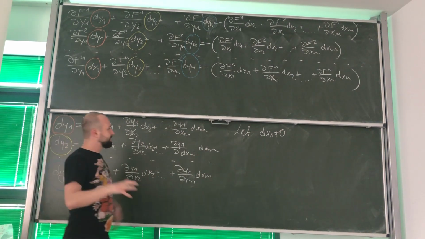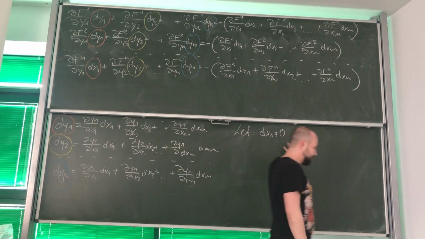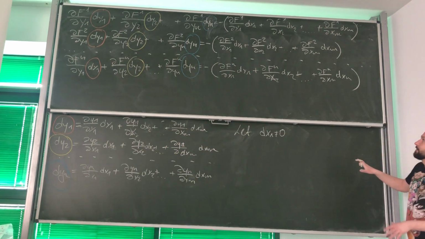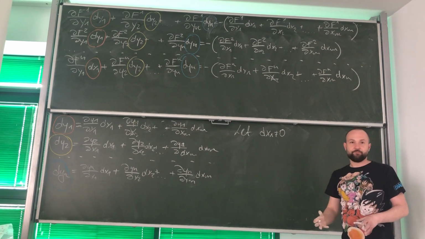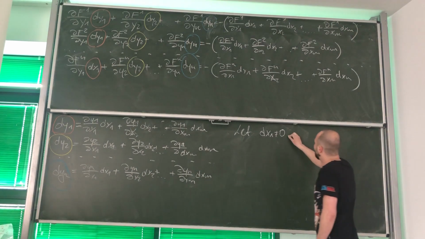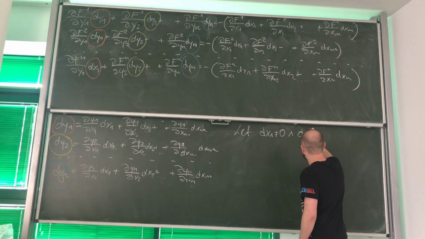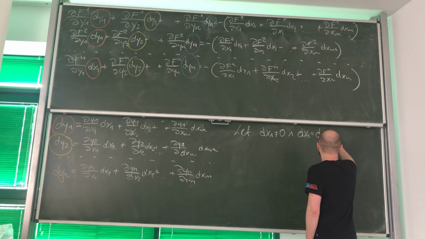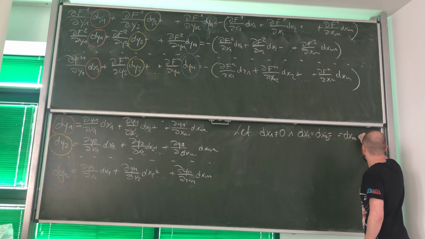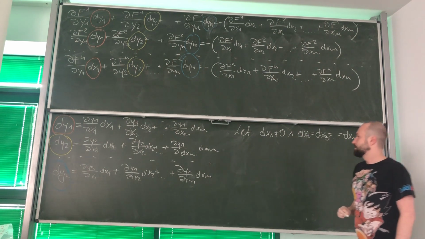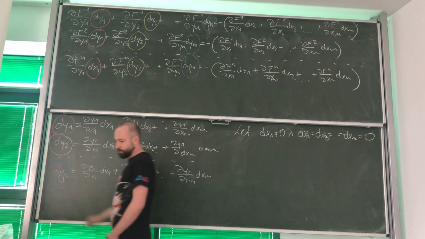We do not want the effects of this increase mixed with the effects of changes in values of any other x's. So we assume a second thing, that dx2 is equal to dx3, and all those are equal to each other until dxm, and they are all equal to 0.